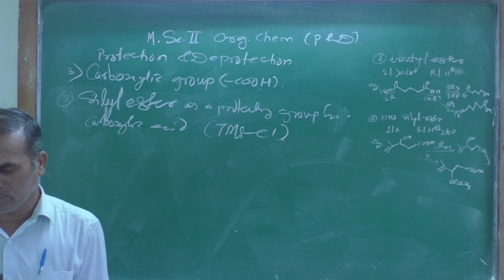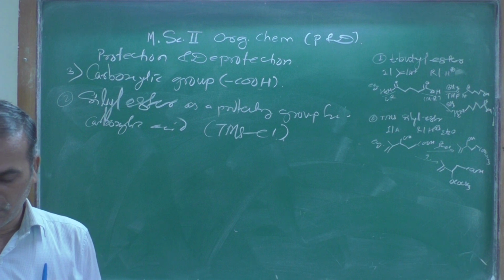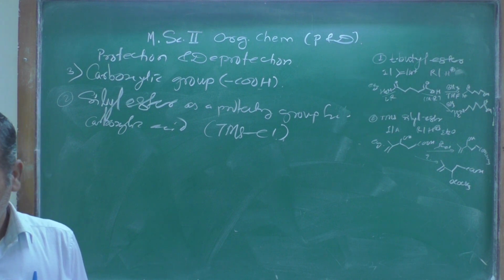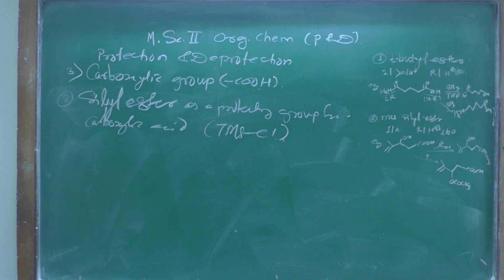There we have already seen the protection for the carboxylic group, right? That silyl chloride is introduced under acidic condition, as well as it is removed under acidic condition also.